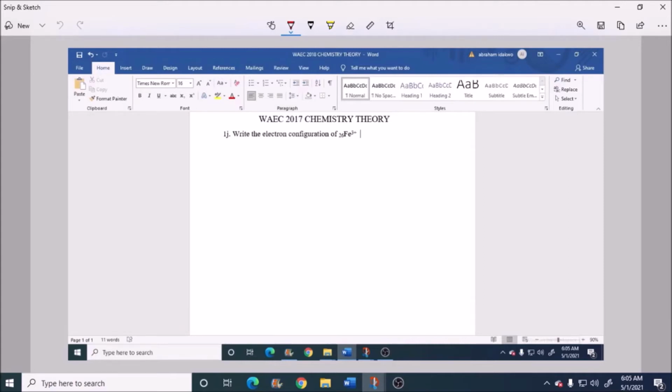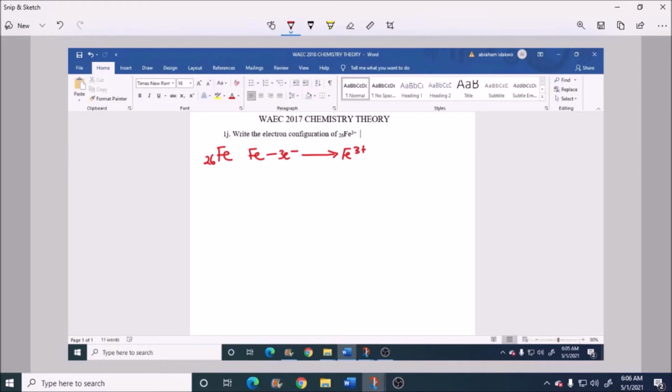So we have the iron with atomic number 26, but the equation is Fe minus 3 electrons, then we are going to have the product to be Fe3+. So this ion has lost 3 electrons.